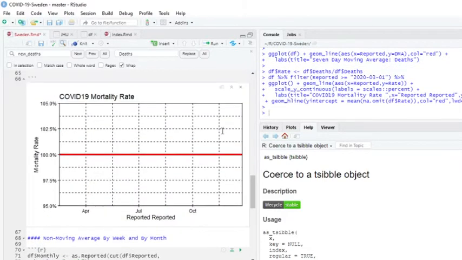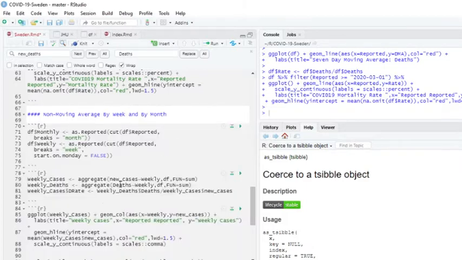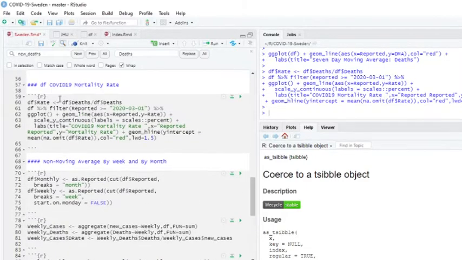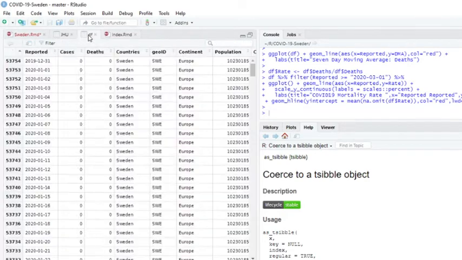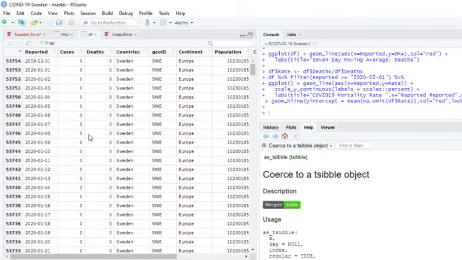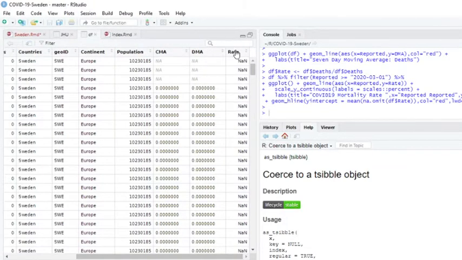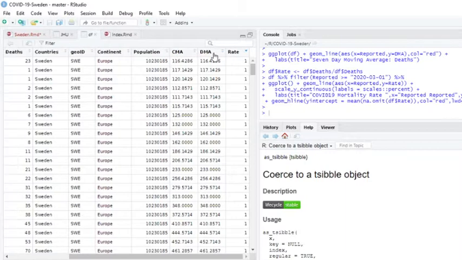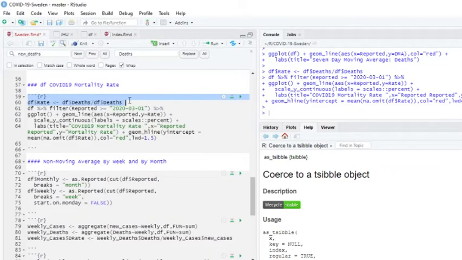What about mortality rate? Well, the mortality rate didn't work out so well, did it? Let's see something here. Do we actually have any numbers here? Okay, why is mortality rate not working?